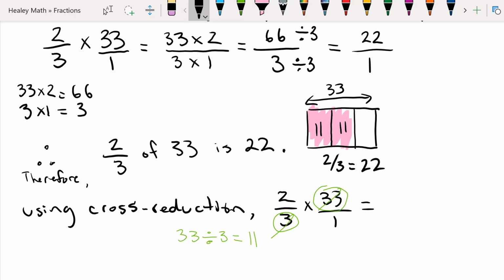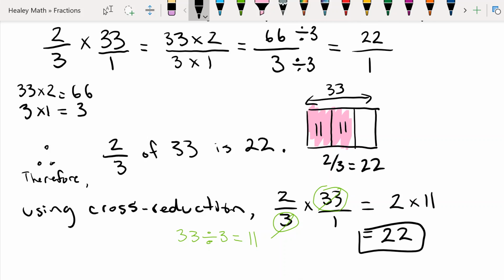Instead, we can write 11. So we have 2 times 11, and that equals 22. So there are 2 methods we can use to find the fraction of a number.